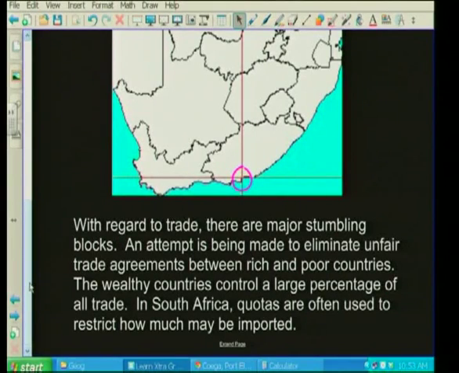All right, so with regard to trade, there are many problems or stumbling blocks. If we look at some of these stumbling blocks, we're talking about all sorts of problems where an attempt is being made to eliminate the unfair trade agreements between your poorer countries and your richer countries.